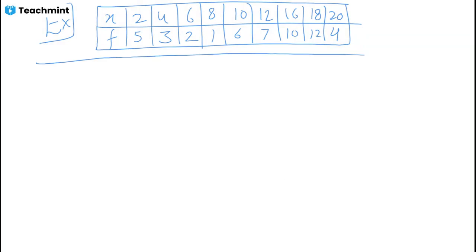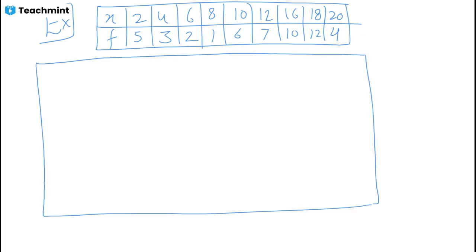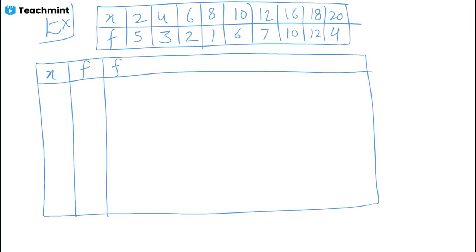So first of all, we need x bar, the mean. So we have x and f. To find x bar, we need f into x also, because mean x bar is equal to summation fx over summation f.